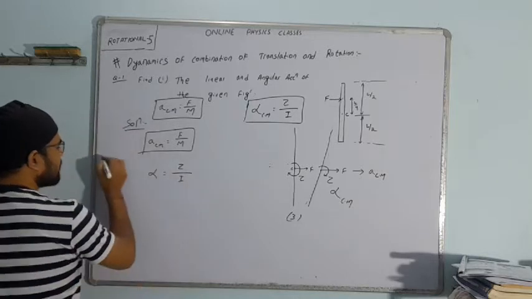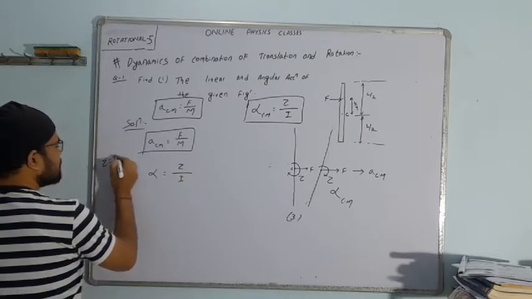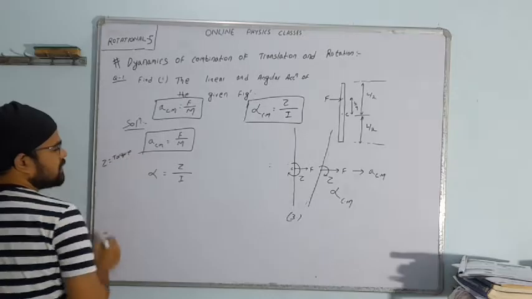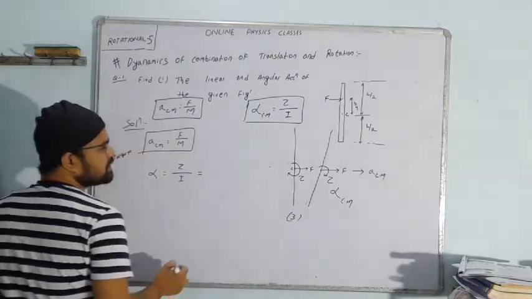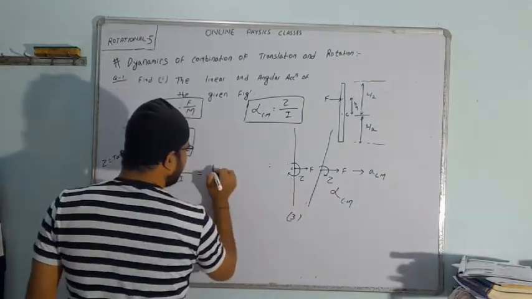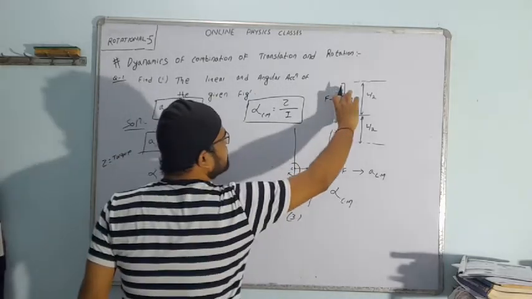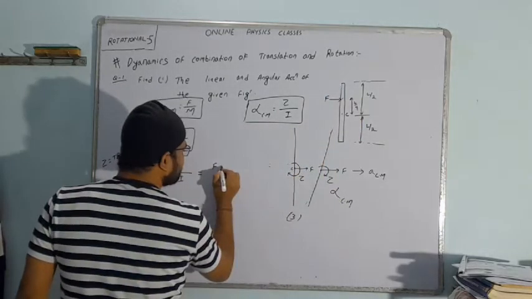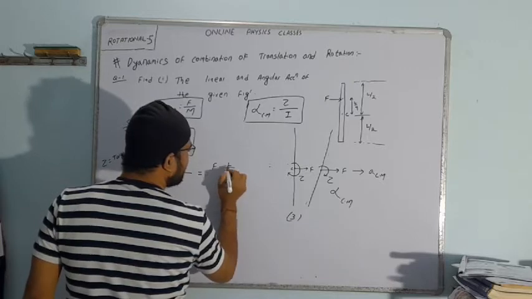Tau is torque. What is the value of torque? Torque value is force into the perpendicular distance, F into L by 4. This is the value of torque.